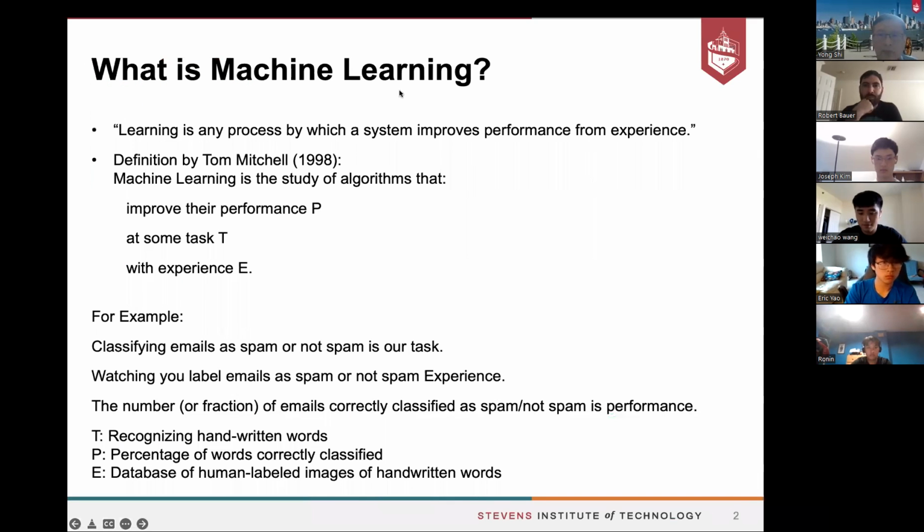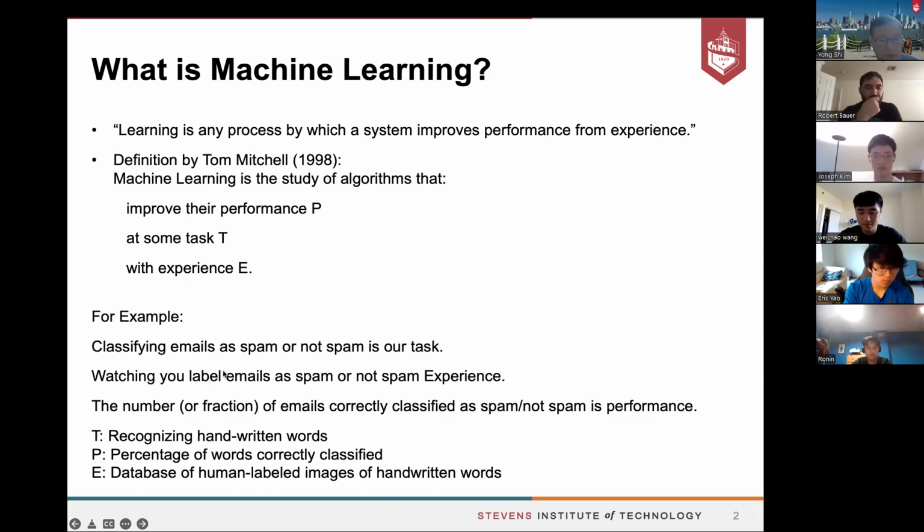So the definition of machine learning. Learning is any process by which a system improves its performance from an experience. Another good definition of machine learning is that it is a study of algorithms that improves their performance P at some task T with experience E. For example, if we are classifying an email as spam or not, that would be our task.